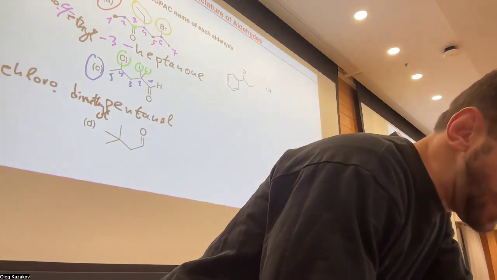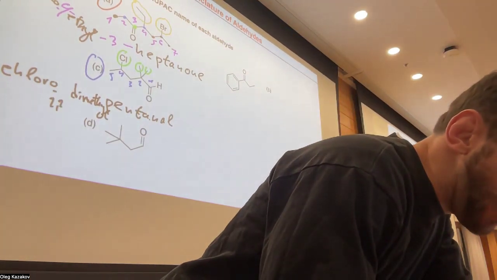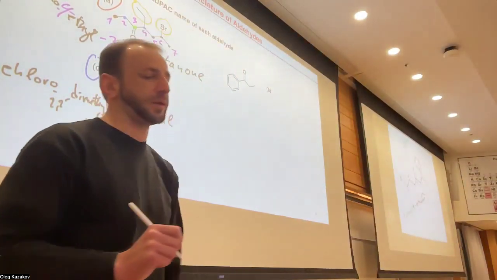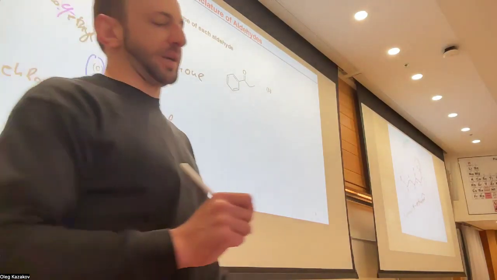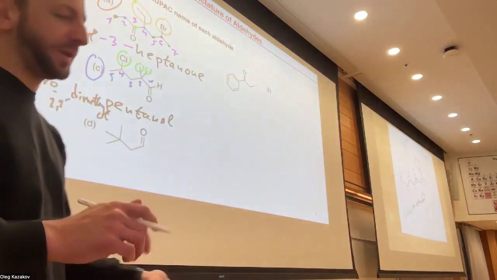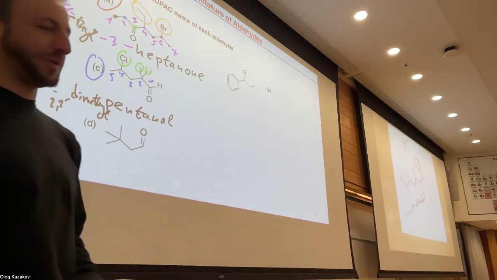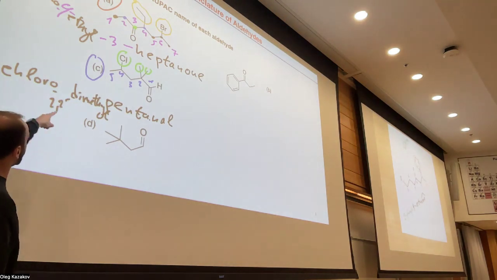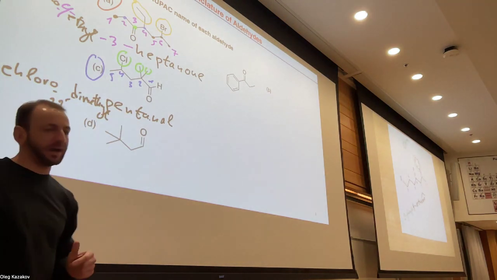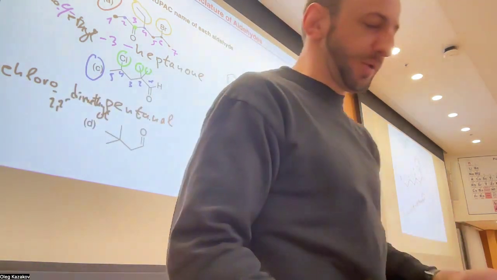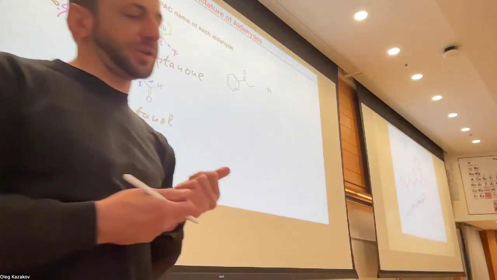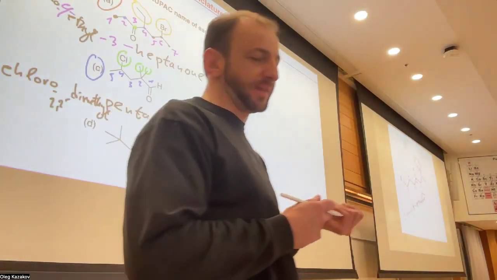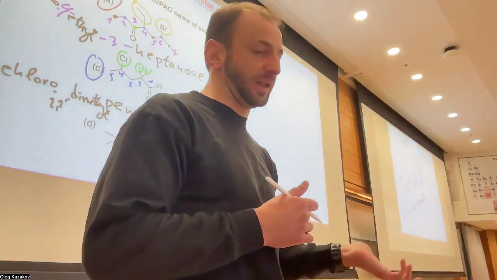So it's going to be 2,2-dimethyl, right? Basically on carbon number 2 there is a methyl, and on carbon number 2 there is a methyl again. So that's what this 2,2 stands for. So 2,2-dimethylpentanal. So that's going to be your name. So 4-chloro-2,2-dimethylpentanal. That's the name of this aldehyde.